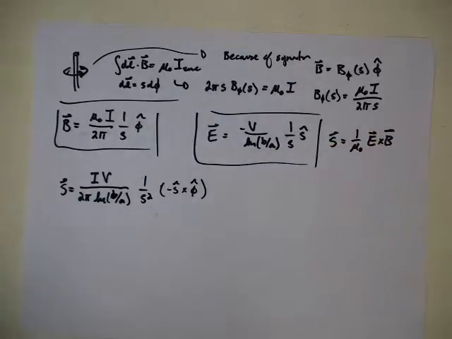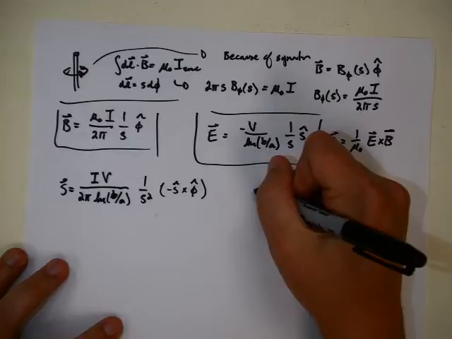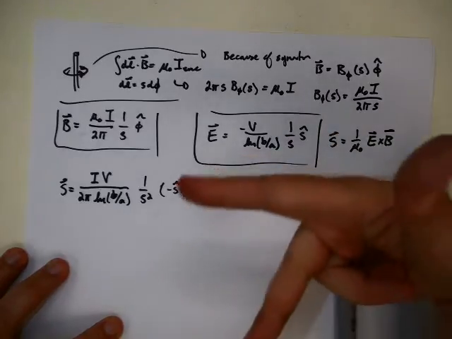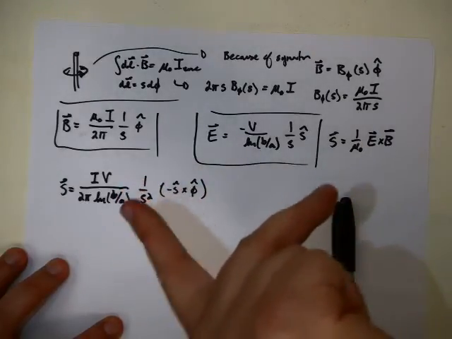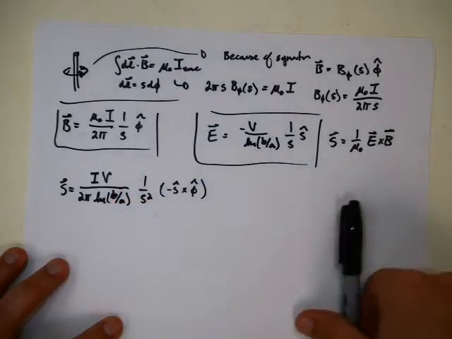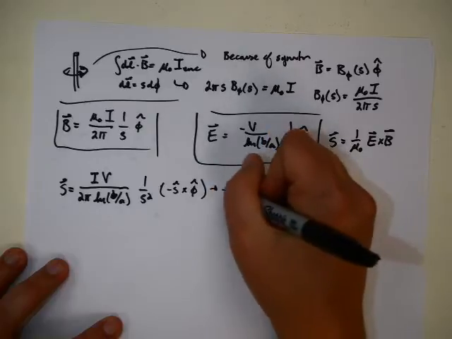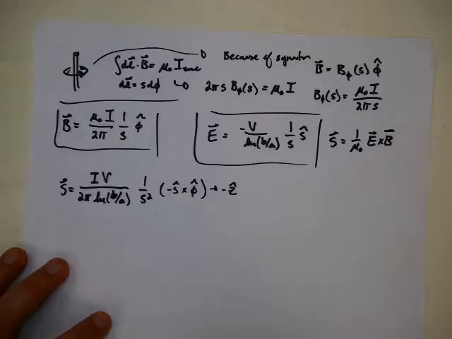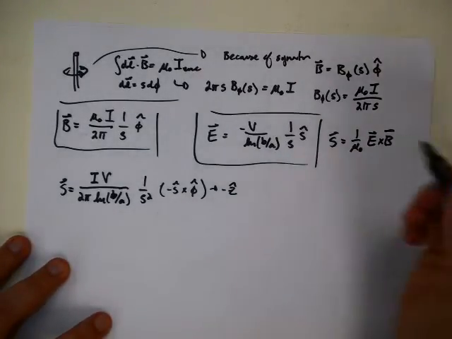To do this, I'm going to use the right hand rule. Minus s hat points in, phi hat points along the direction. And so this is going to give us minus z hat.